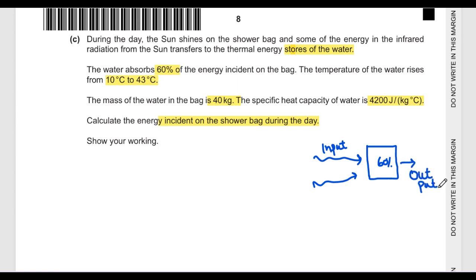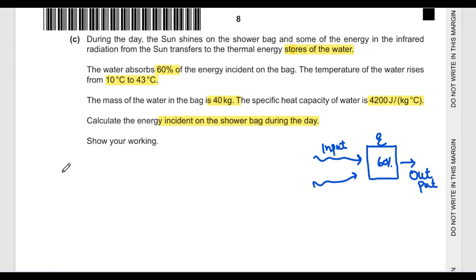So we are supposed to calculate the energy that was given as an input to the shower. Let's suppose we have a shower bag on which there are UV radiations falling as an input, and this bag is using 60% of radiations to give some kind of output to us. What we are supposed to find is the total input of this bag, that means incident energy.